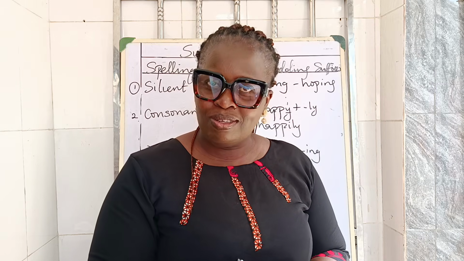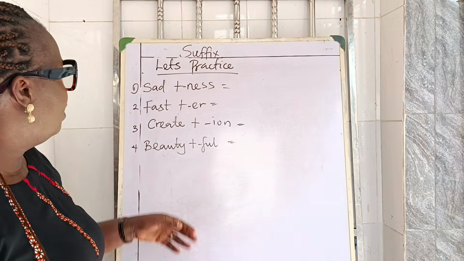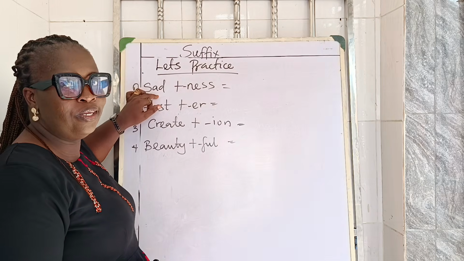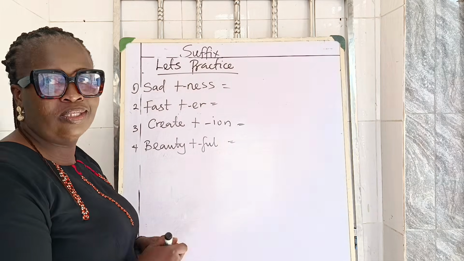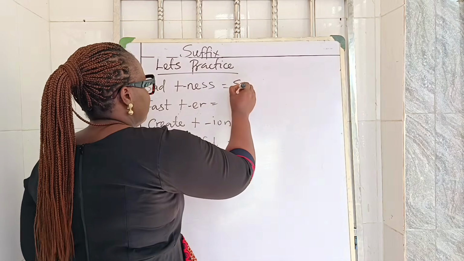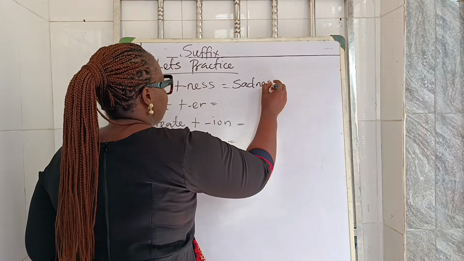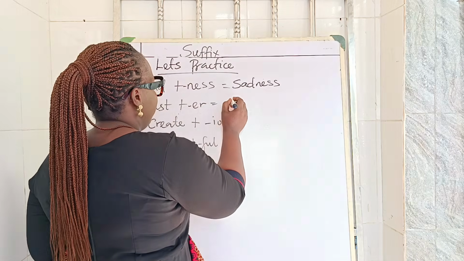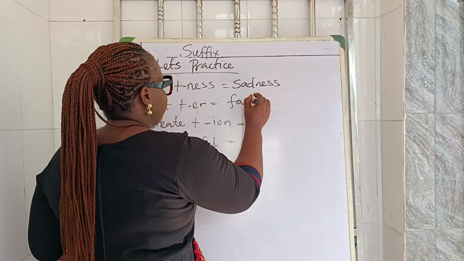Let's practice on some examples. Let's practice with this on the board. We have the root word sad plus ness. We have sadness. Fast plus ER, we have faster.